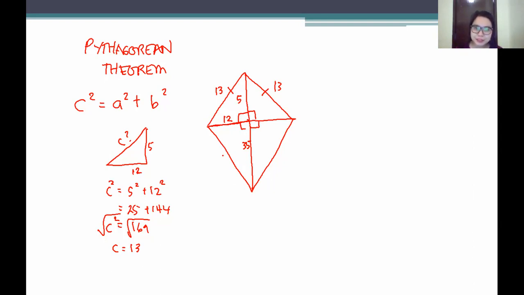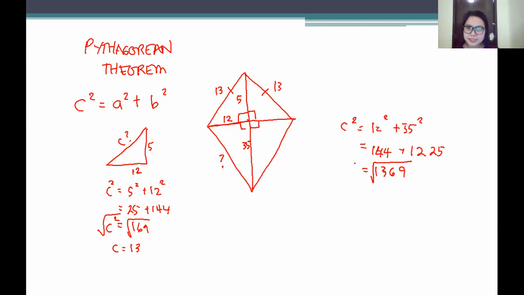So let's find the measure again of the next side. So we have c squared equals 12 squared plus 35 squared. That's going to be 144 plus 1225, which gives 1369.